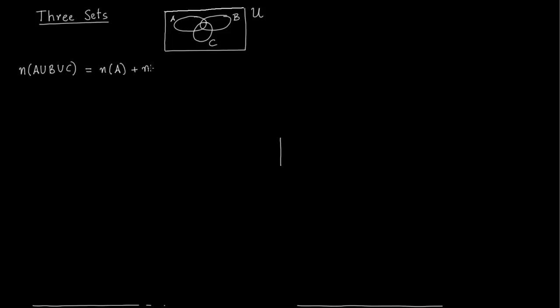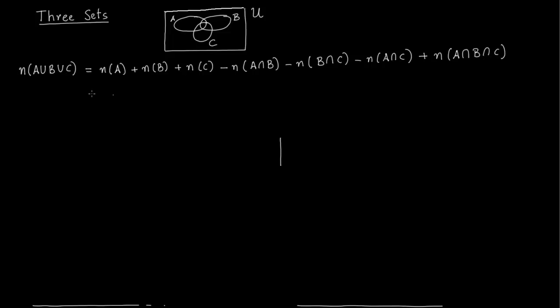So number of elements in A union B union C is given as number of elements in A plus number of elements in B plus number of elements in C minus number of elements which lie both in A and B, minus again number of elements which lie both in B and C, then minus again number of elements which lie in both A and C, and then plus number of elements which lie in A, B and C. So the last is plus.